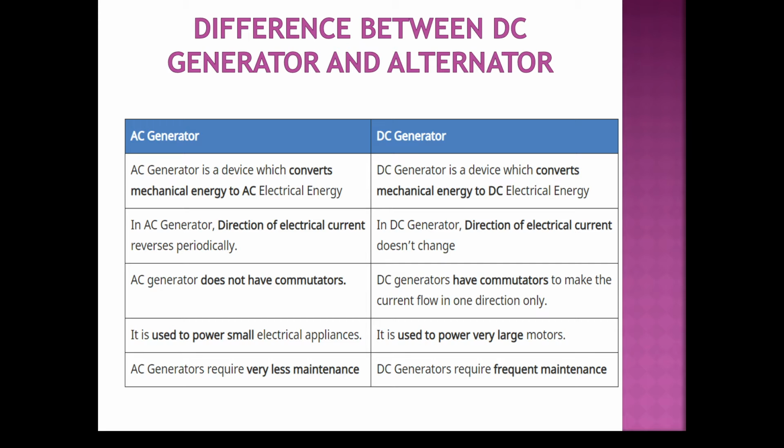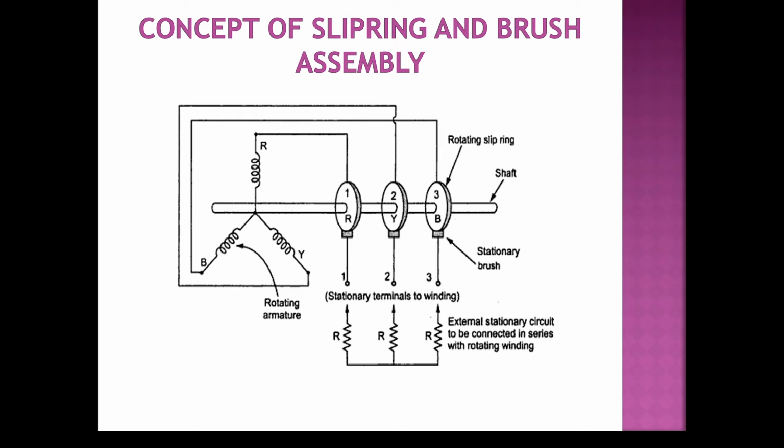Okay, just now we discussed. A DC generator will have a commutator to make the current flow in only one direction. Whereas an AC generator is used in small power electrical appliances. A DC generator is used to power very large motors. AC generators will require less maintenance. A DC generator requires frequent maintenance.